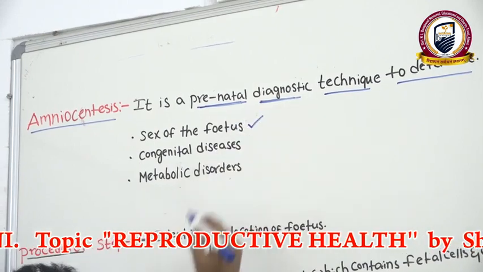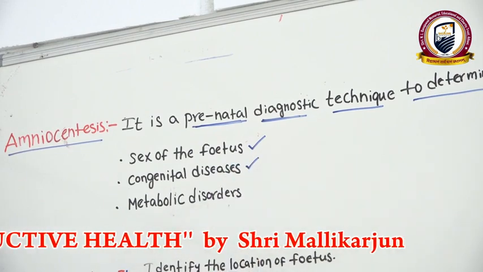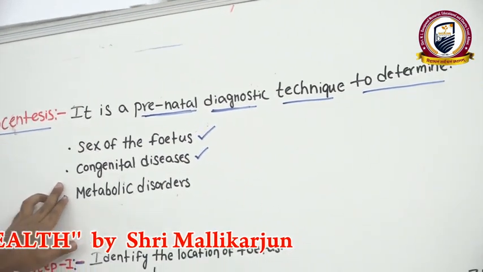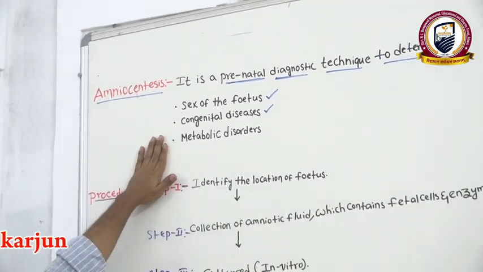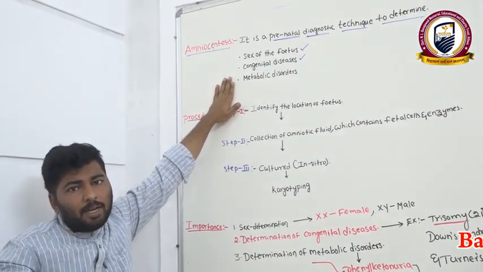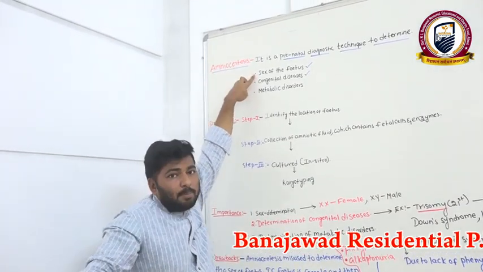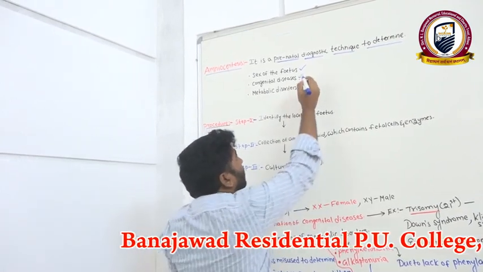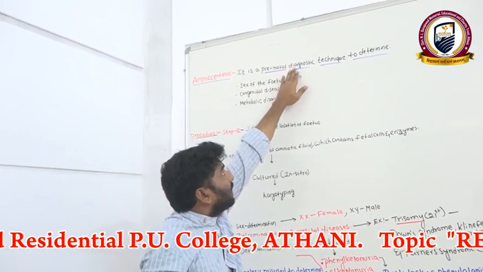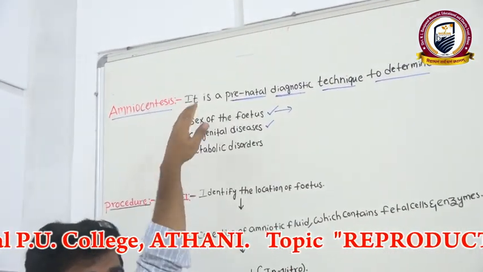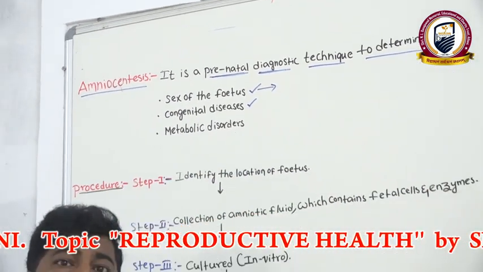First, we are determining the sex of the fetus and congenital diseases. Congenital diseases are the diseases inherited from parents to the baby. Such diseases we identify using this amniocentesis technique. First, we identify the sex of the baby, by using the chromosomal pattern.